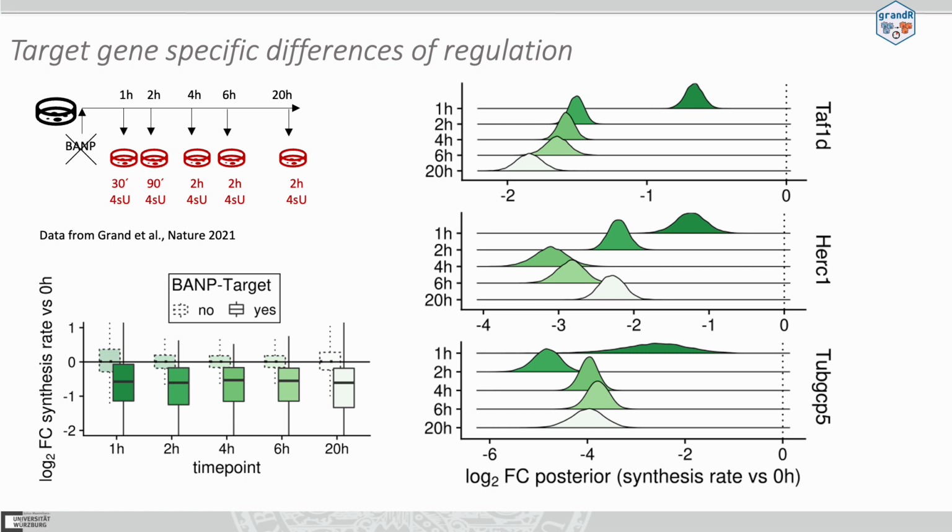For others like HERC1 or TOP-GCP5, we saw that synthesis rates dropped early and rose again later, suggesting negative feedback loops. So in conclusion, the model implemented in grandR can be used to uncover detailed information about gene regulation from snapshot experiments and thereby reflecting general trends and is able to generate testable hypotheses of individual genes.